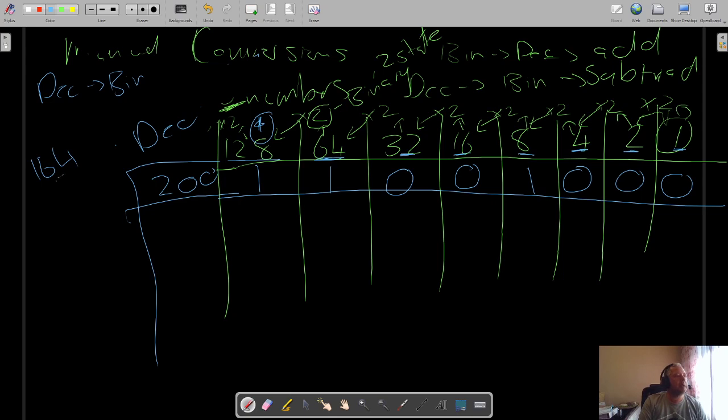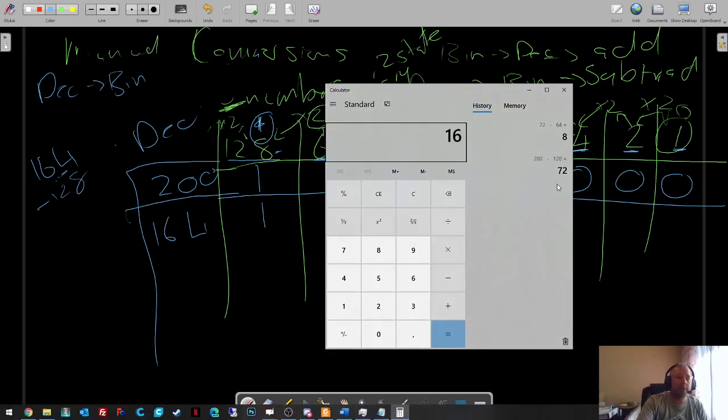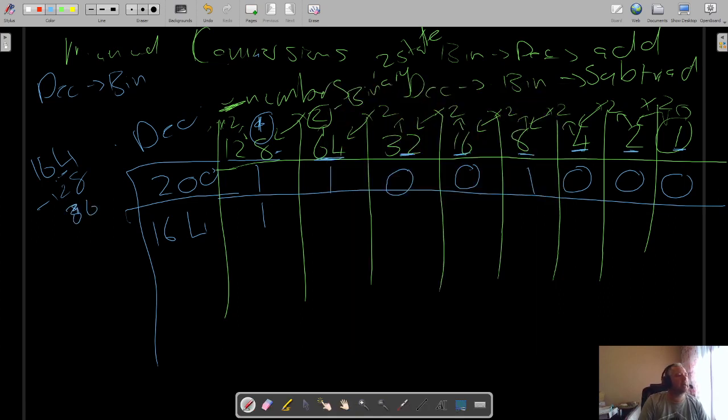We take 164. Can I subtract 128? Yes, I can. So we start with the 1. We go to our calculator and we say 164 minus 128 gives us 36.